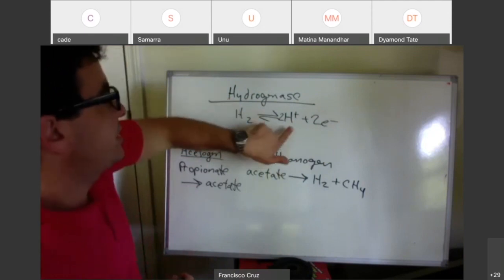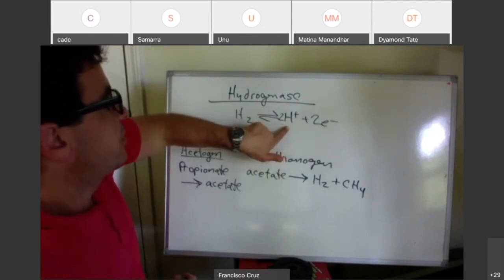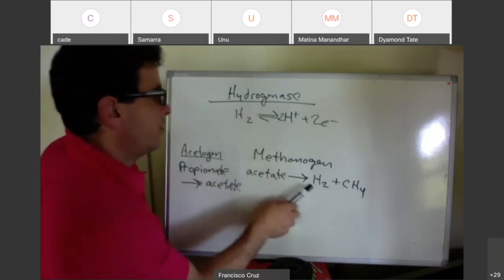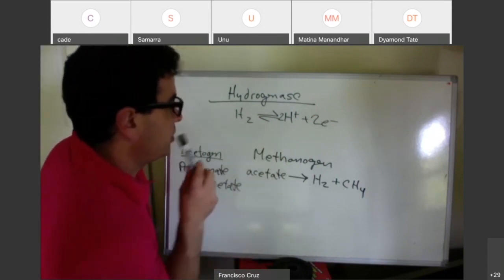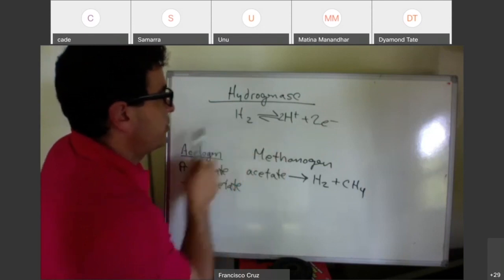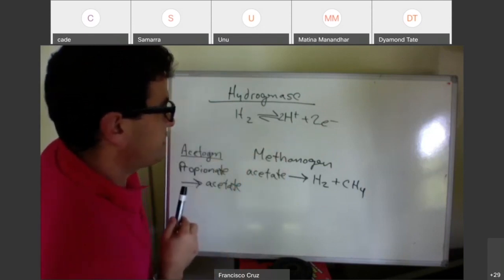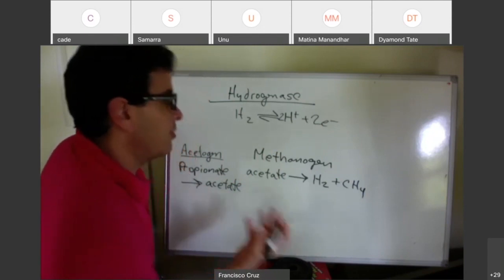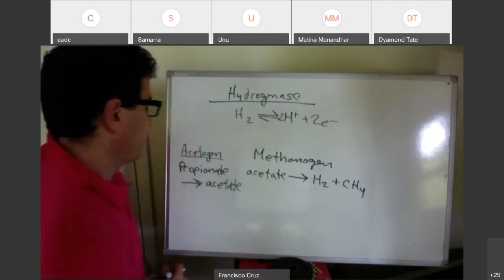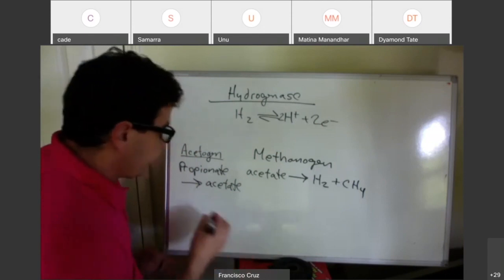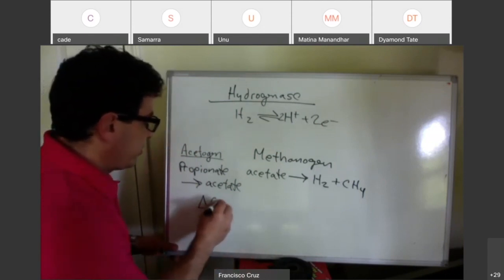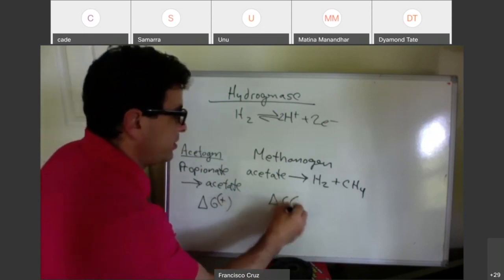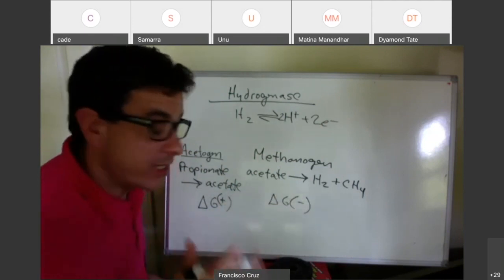So anytime you see hydrogen and protons being interexchanged, you have a hydrogenase here. Since we're making H2, we can say that hydrogenase is going in this direction. This is enabling the microbe to commit to a certain metabolism. In this case, and this is the bottom line, the delta G here is positive, delta G here is negative. It's a really key concept here.